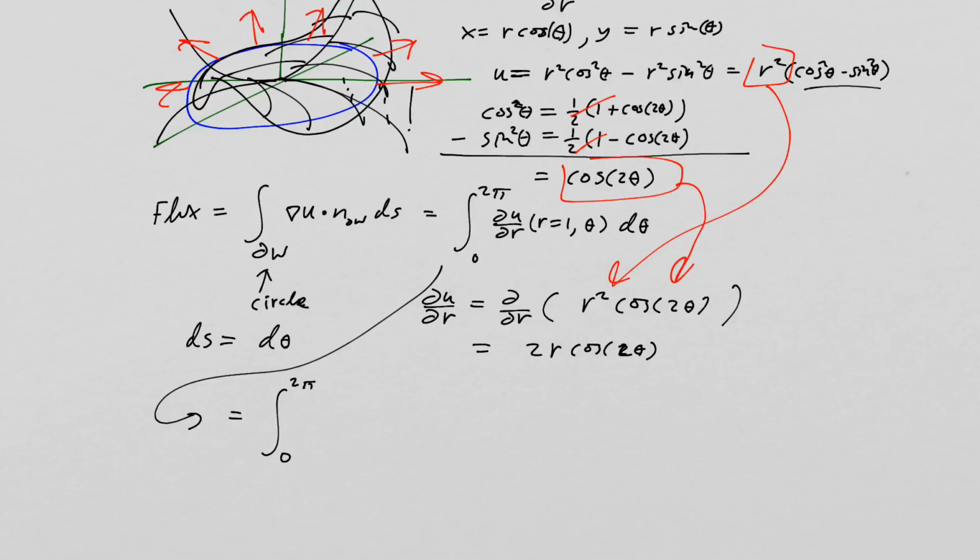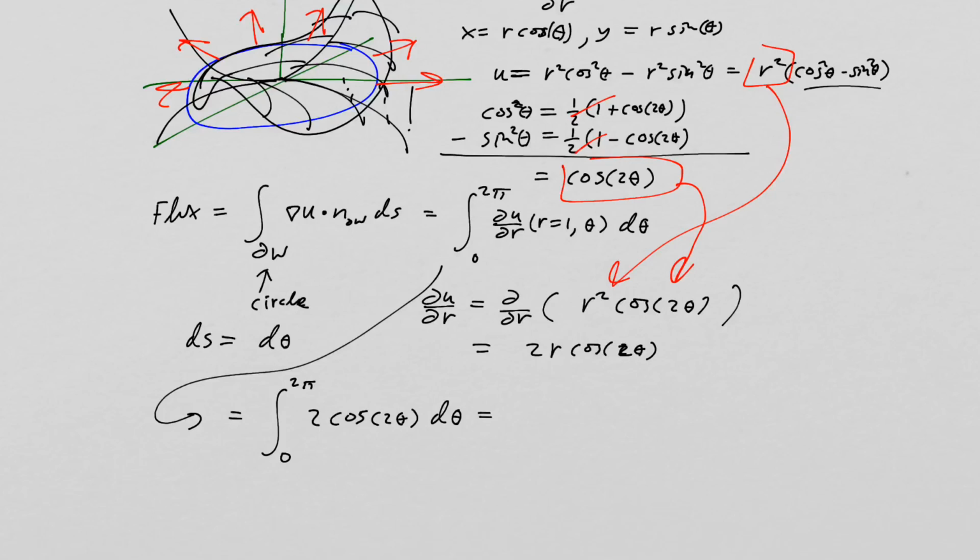Okay. All right, so to finish this one off, 0 to 2 pi, and now we have 2r cosine 2 theta d theta. But of course we're setting r equal to 1, so I have to do a little bit of manipulation here and just set that r equal to 1. I'll just rewrite this. That's going to be 2 cosine 2 theta.